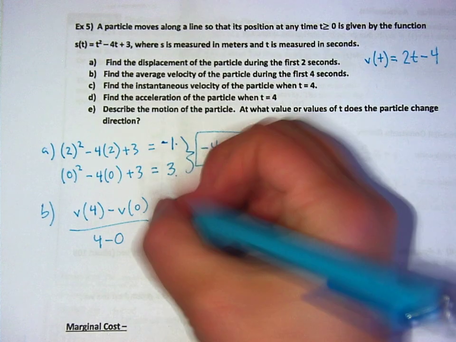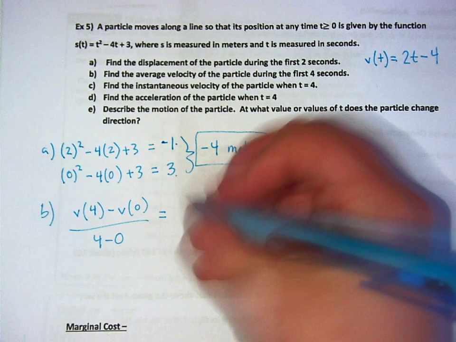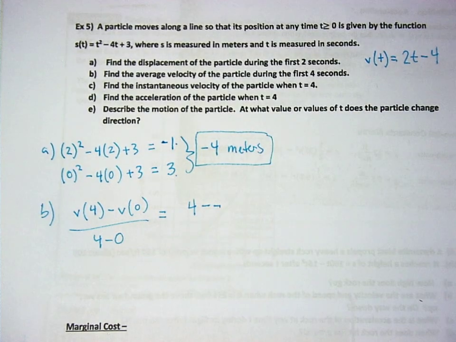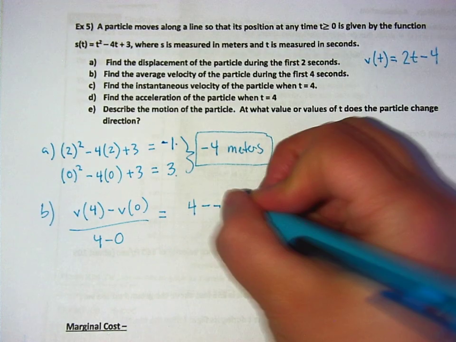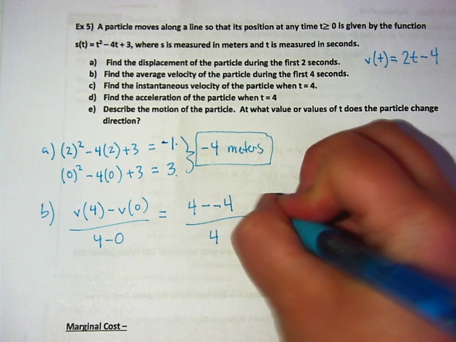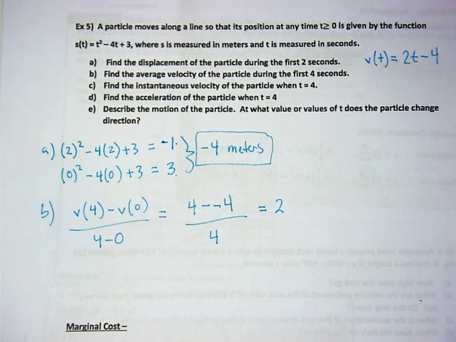If I plugged 4 in, I would get 8 minus 4, which is 4. And if I plugged in 0, I'd get negative 4, right? Bottom is 4. So that is 8 divided by 4, or 2.